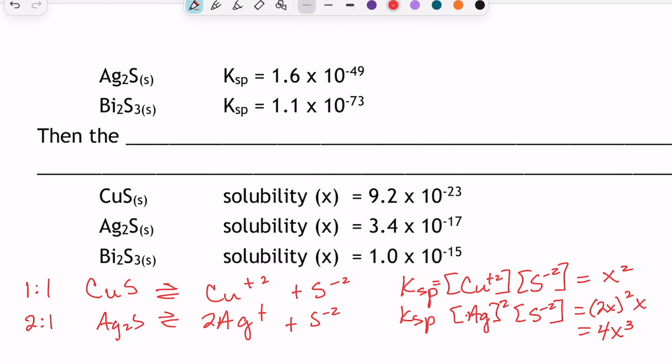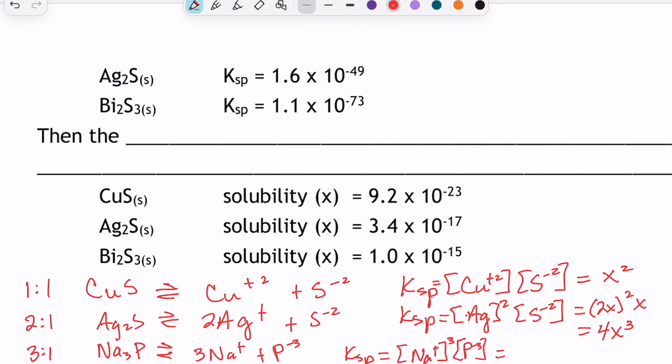If it's 3-to-1, like sodium phosphide, Na3P, we're going to get 3Na+ plus P3-. Our Ksp is going to be Na+ cubed times P3-.